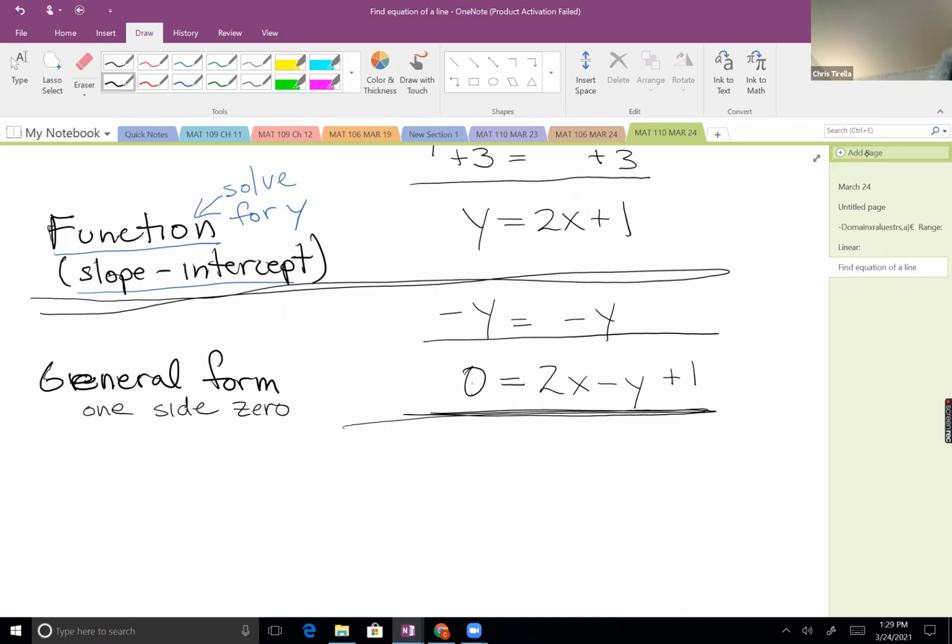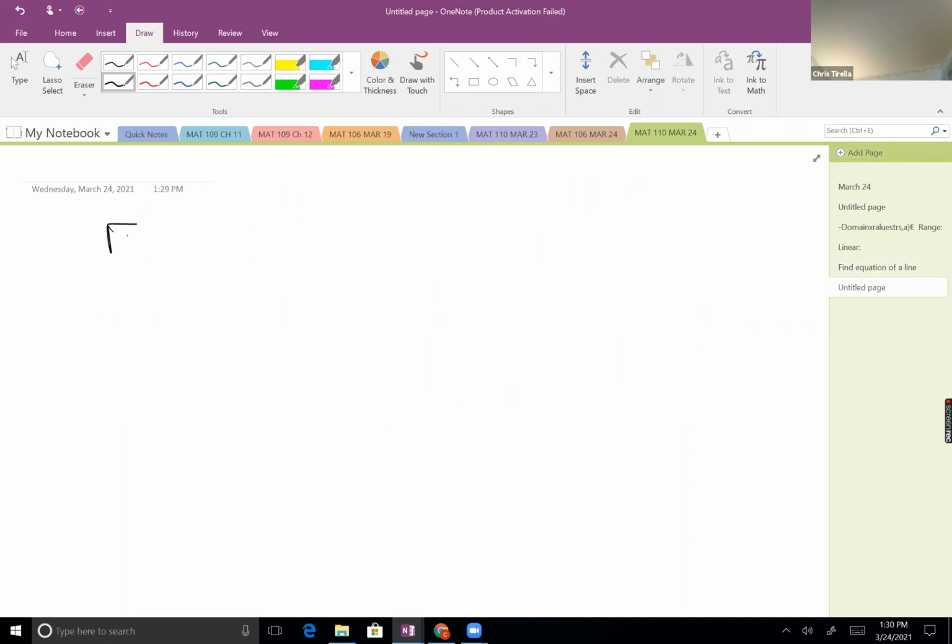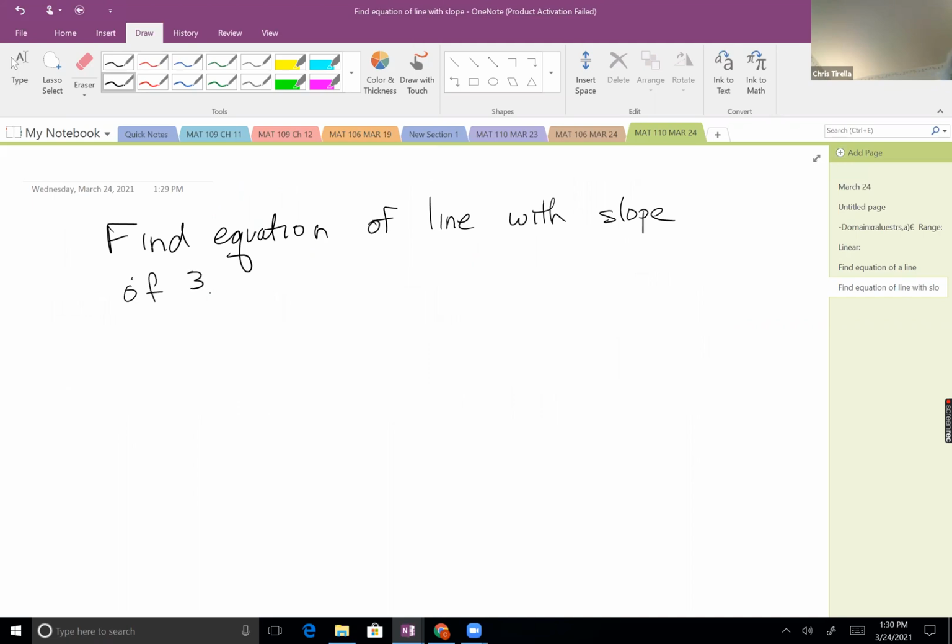So let's try another. Let's find the equation of a line with a slope of, let's make our slope this time 3/2, and let's have it go through the point -4, 5.